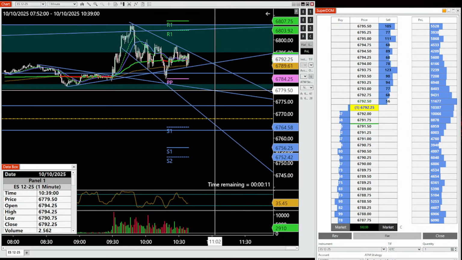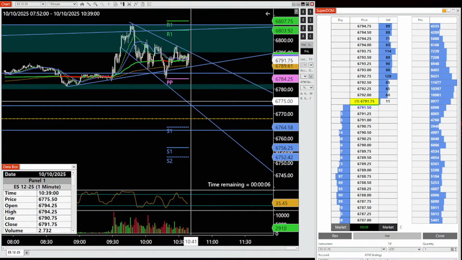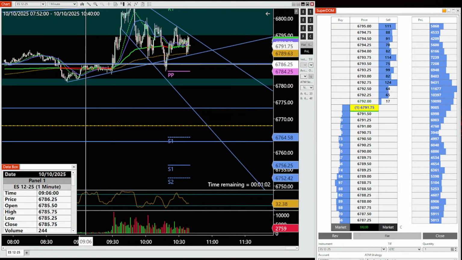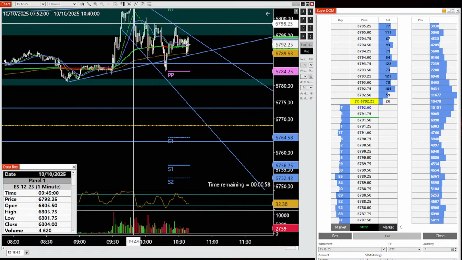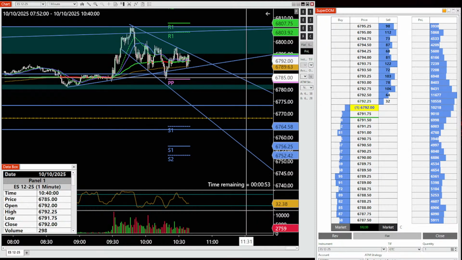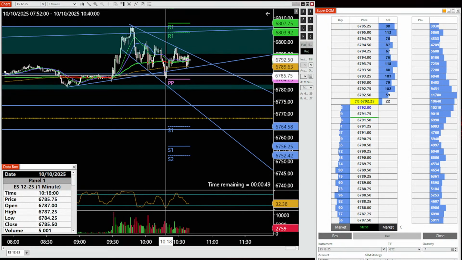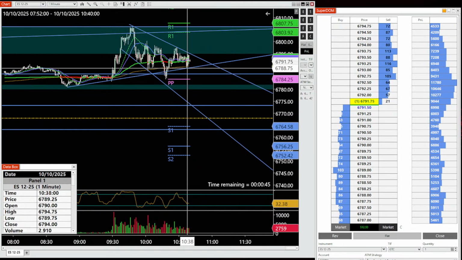Let me see something. Let me remove this one. Remove that. This was the breakout. Ascending wedge. Broke up. High, high, low, low, high, low, low. Came in, retest.